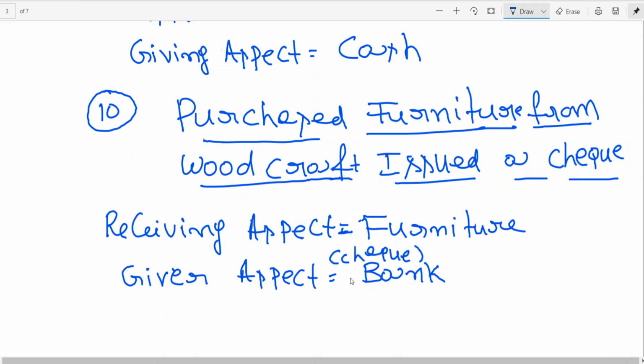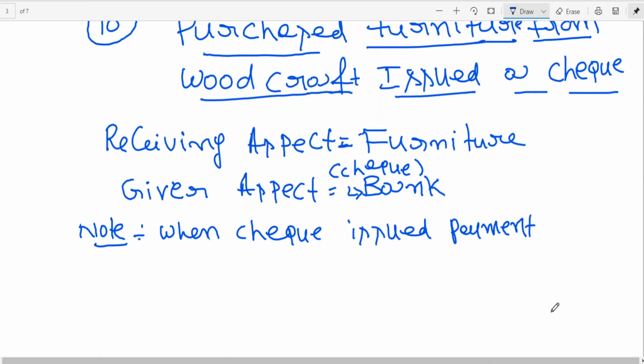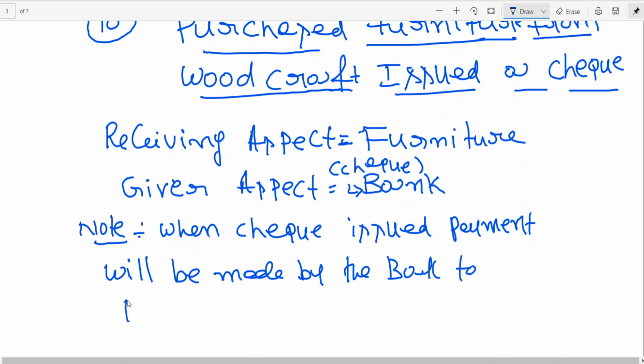Check is being given. Check is given means who is making the payment? Bank is making the payment. Note: when a check is issued, payment will be made by the bank to the party.